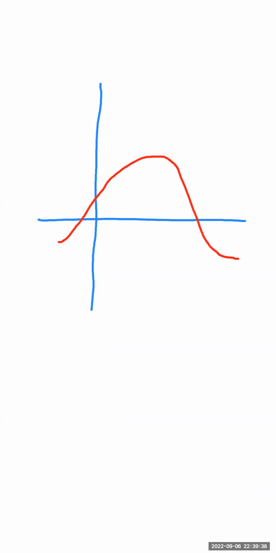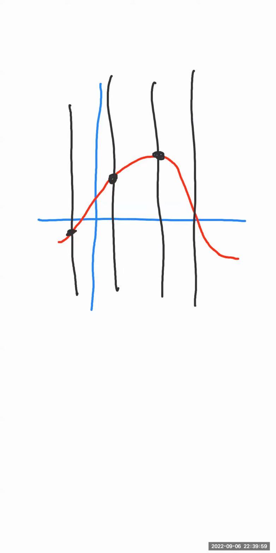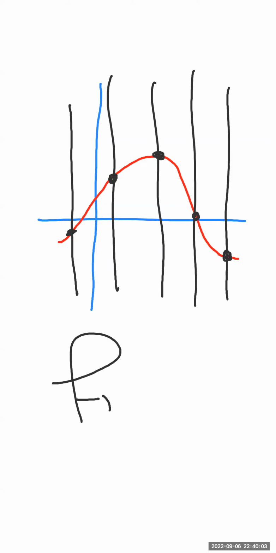Not a function, sure? Try to concentrate more. If I'm going to draw a vertical line like this, only 1 point. Like this, only 1 point, and so on, 1 point. So 100% function, of course, right?